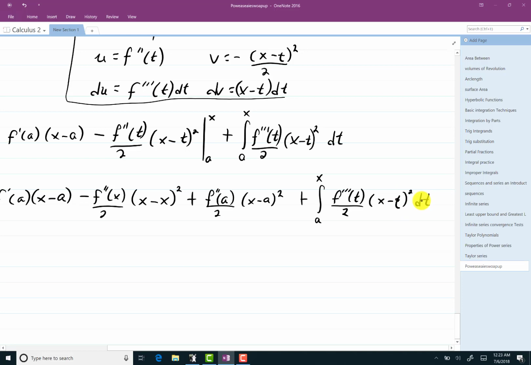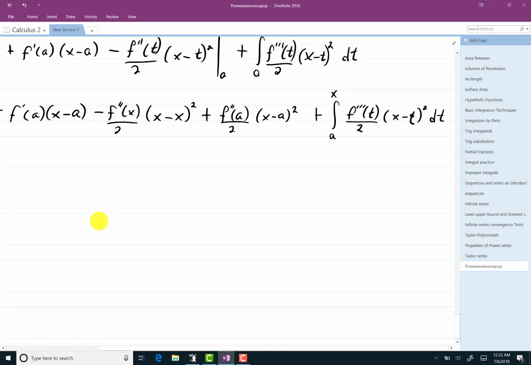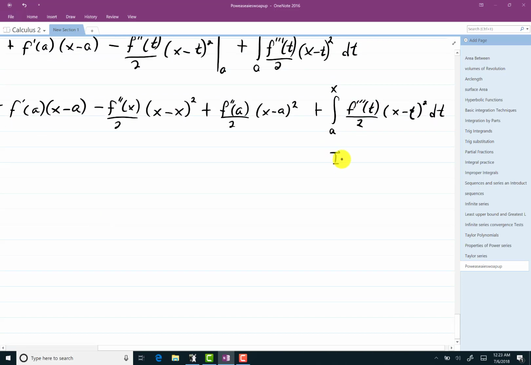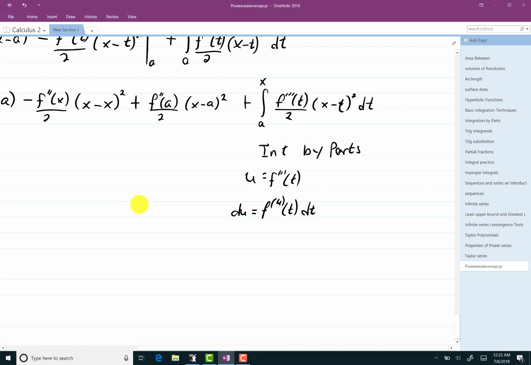All right, one more time. I'm going to use integration by parts again, where I'm going to let u be, hopefully you've guessed it by now, f triple prime of t. du will equal f to the fourth of t dt, and then dv will equal x minus t squared over 2 dt.